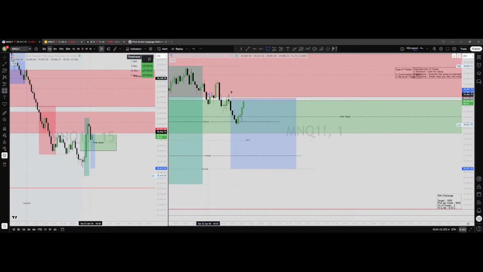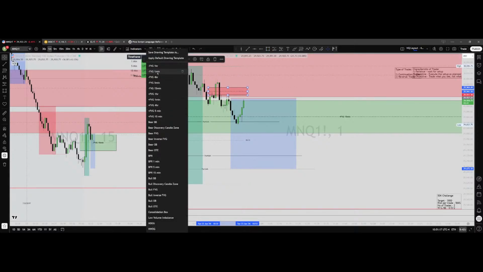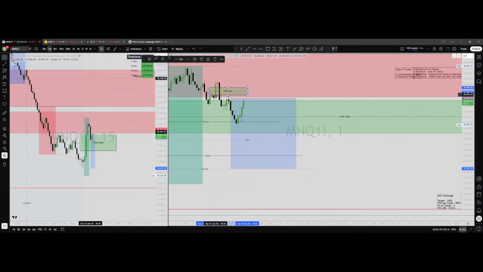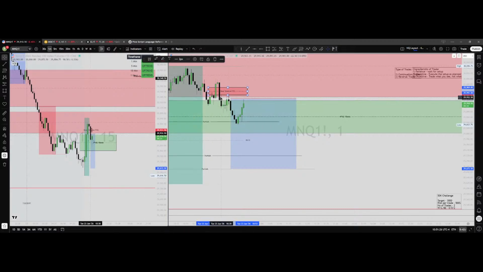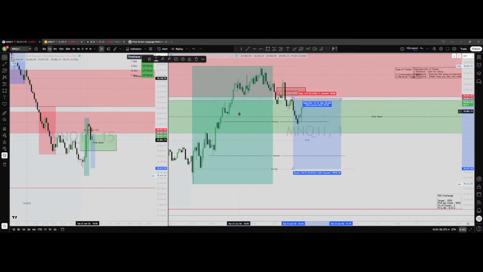Let me mark that up for you. So this was this 1 minute fair value gap. This is a 1 minute bull fair value gap, which got inversed. So now that is a bearish fair value gap inversion. Price closed below this. I tapped into this, and as soon as the price tapped into this, I entered short. We got an entry at 29,927.25. I was looking for this low to get taken out.